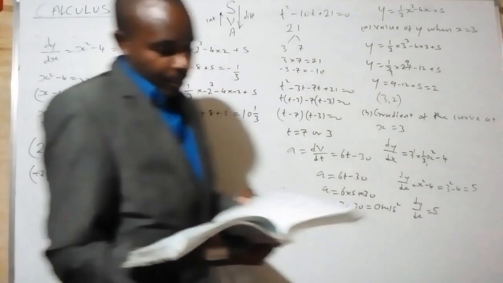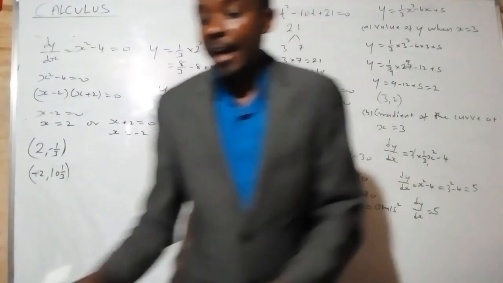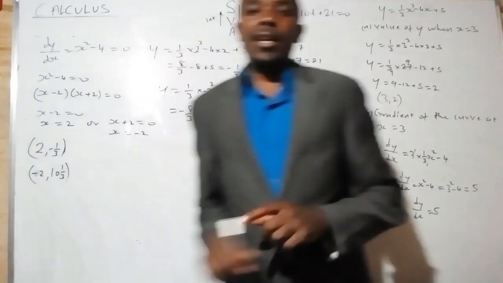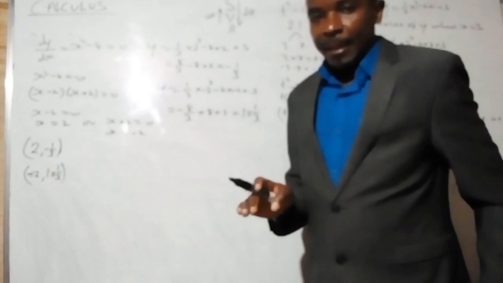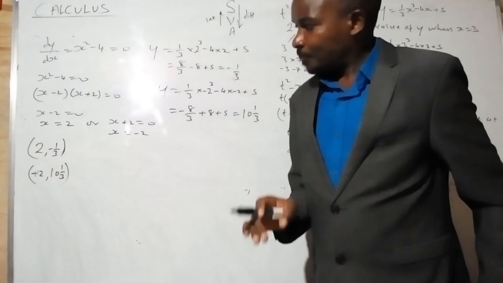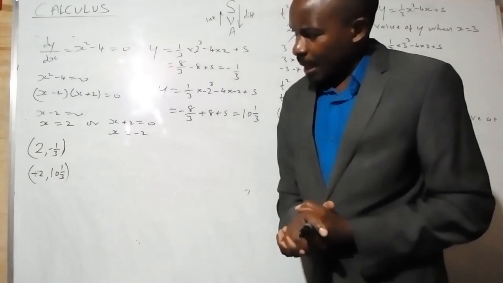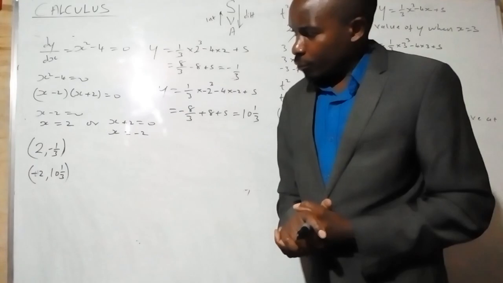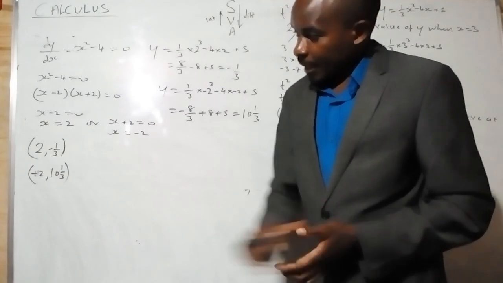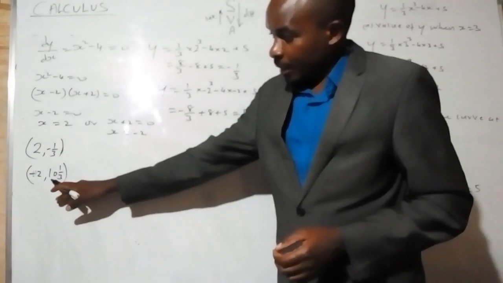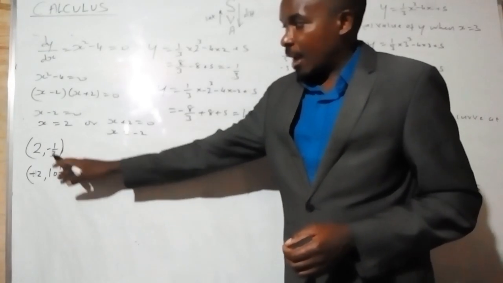You've been asked for the turning points of the curve and their nature. Under nature, you are supposed to say whether it's a maxima or a minima. To know which, you move to the y coordinate. The larger y value is the maxima. Here we have 10 and 1/3 and -1/3.